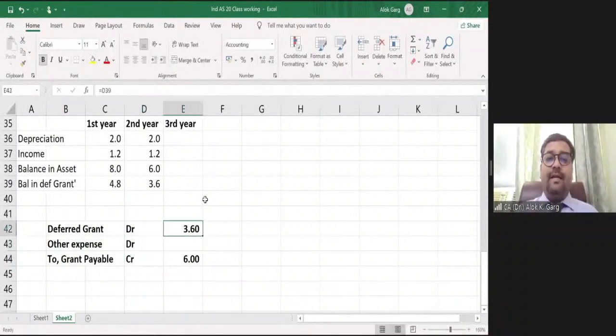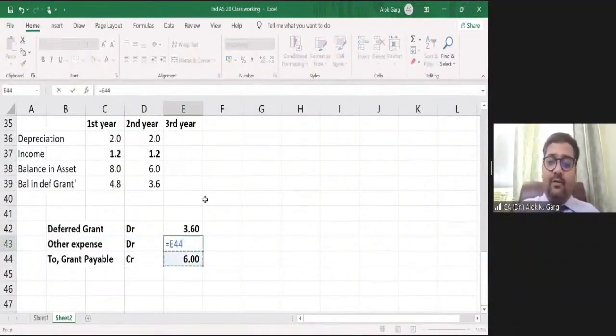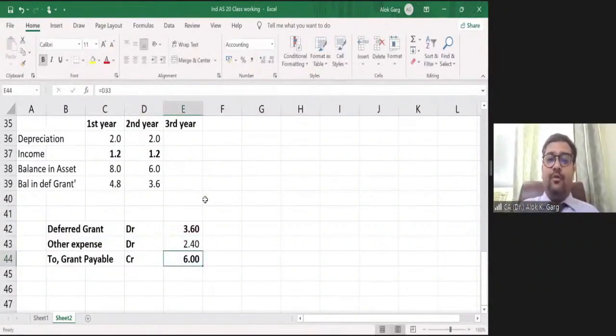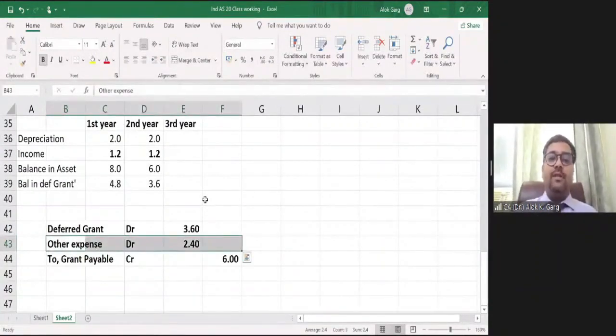Because you have recognized 1.2 plus 1.2, 2.4 as income, and if you reduce this 3.6 from 6, it comes out to 2.4. So this will be the balancing figure, and this will go to other expense.